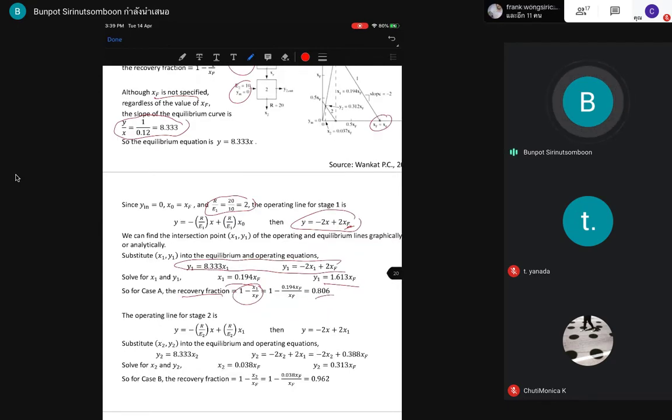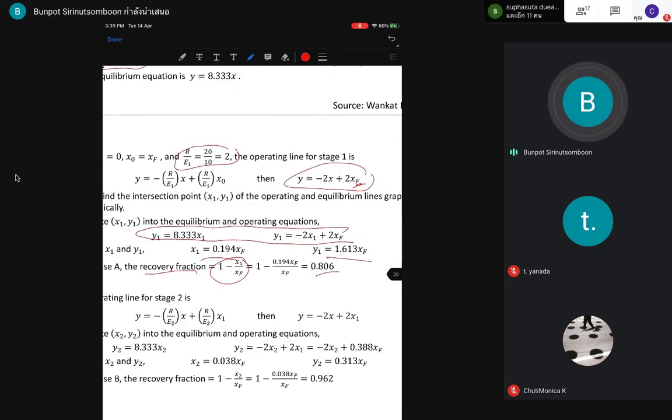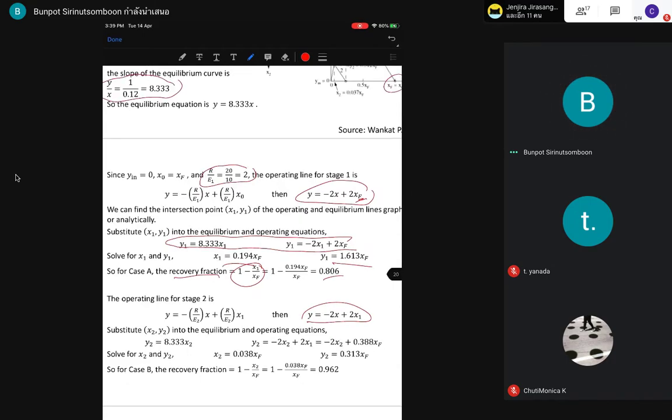And then for stage 2, you find the overlapping line for stage 2. Using the same concept, R over E2 is the same as R over E1, which is equal to 2.